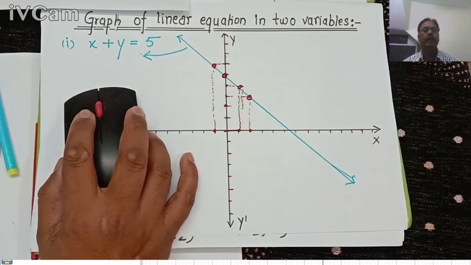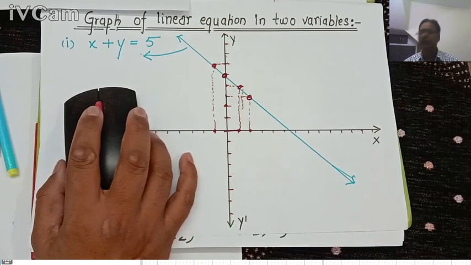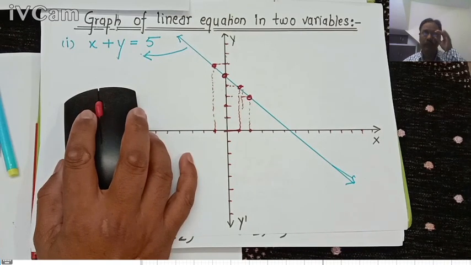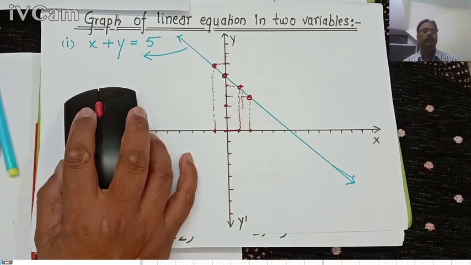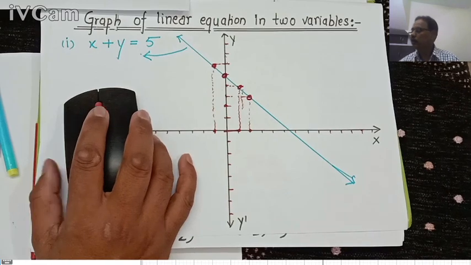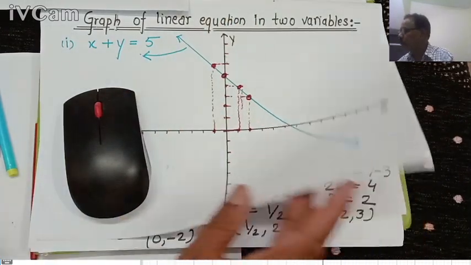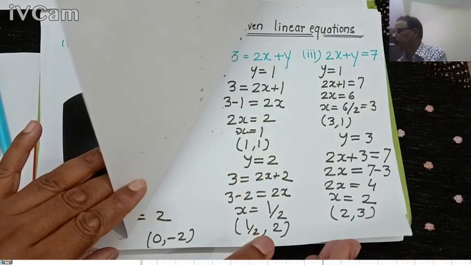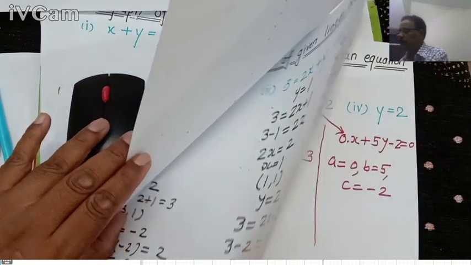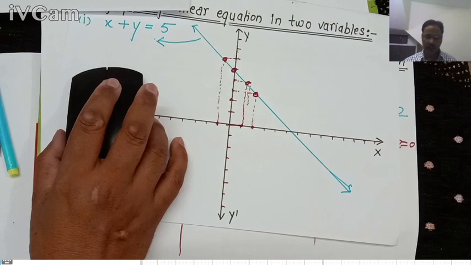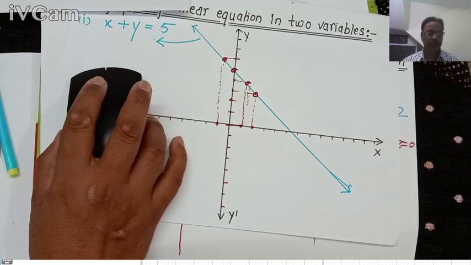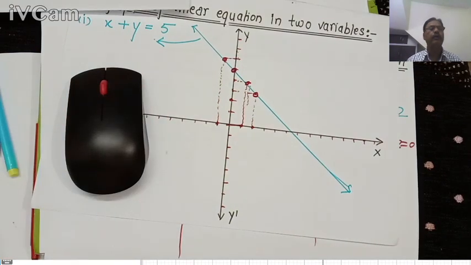Now we are coming to how to draw the graph in this sheet. Let us suppose we have already found the 4 solutions of many equations. Let us take some equations here. First of all, x minus y equal to 2.